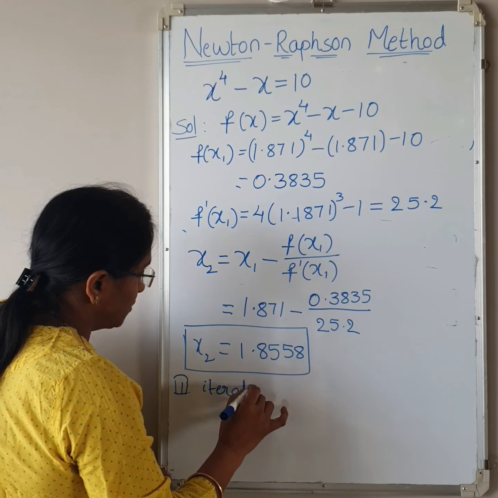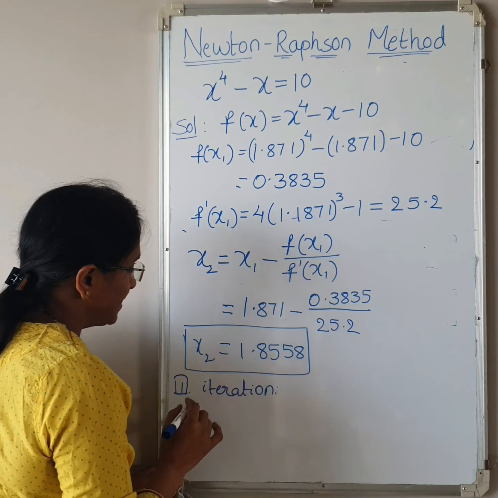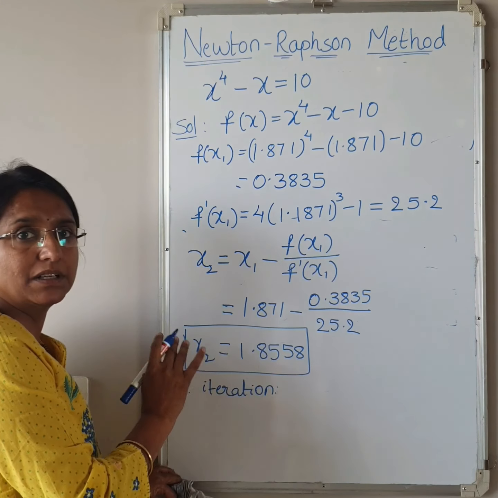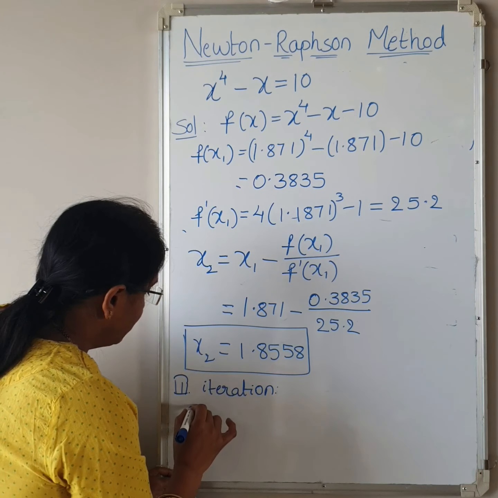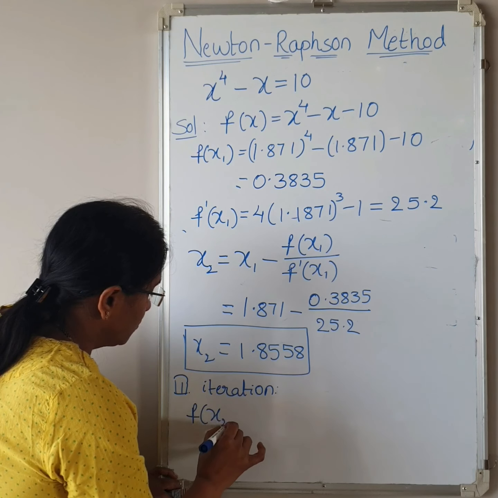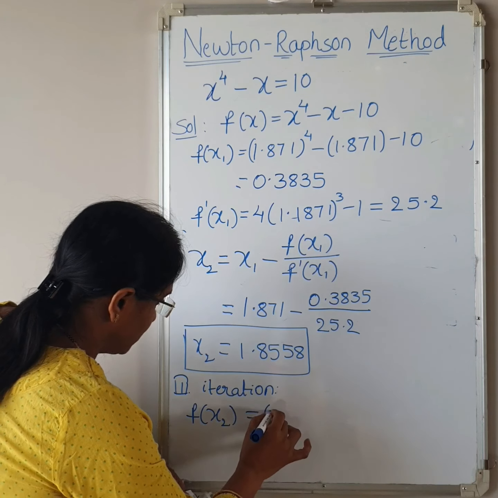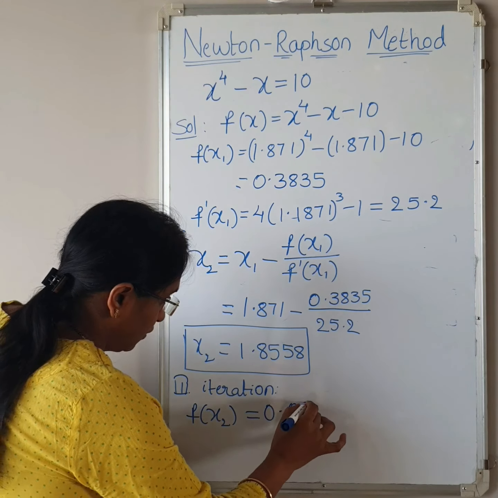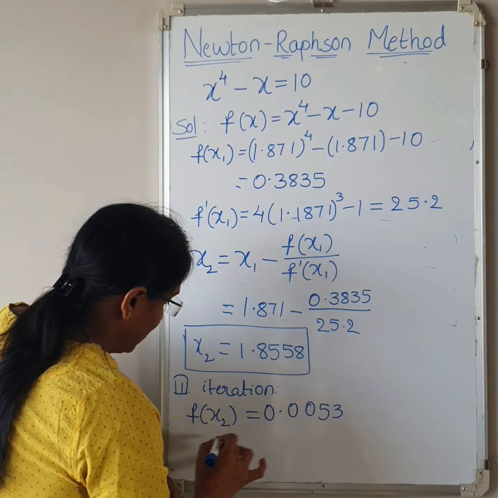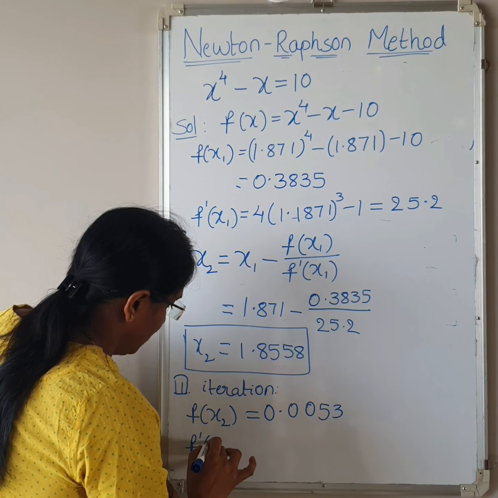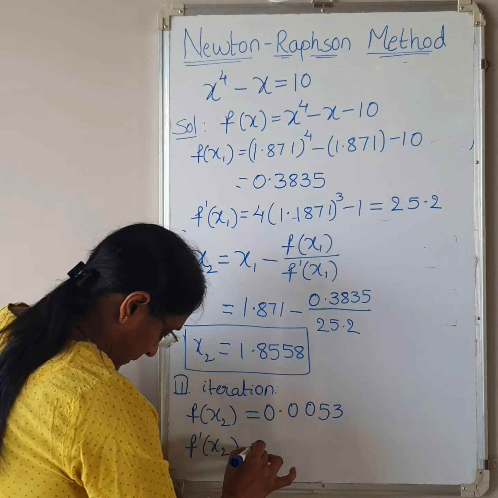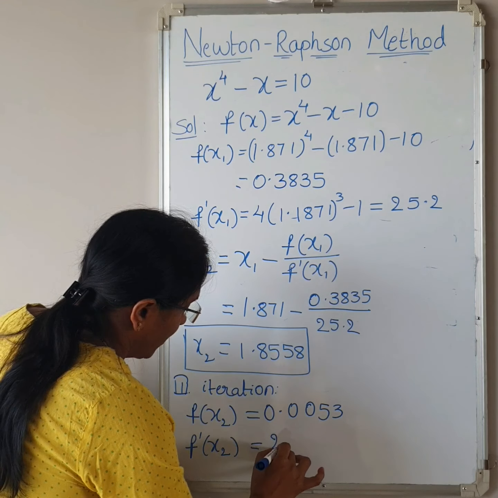Again the same procedure. Compared to the regula falsi method, this Newton-Raphson method is very simple. Again find f(x2), which is 0.0053, and f dash x2, which is 24.56.